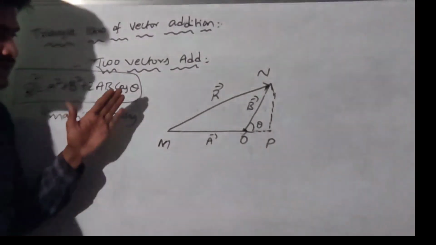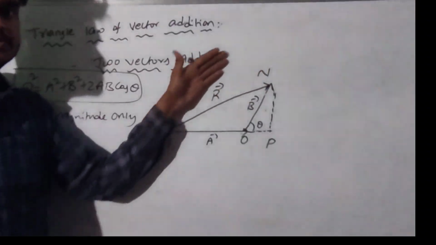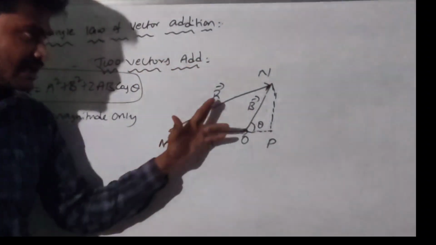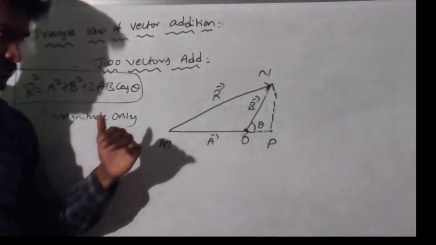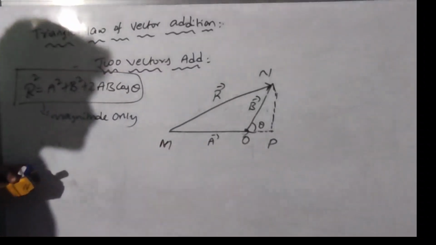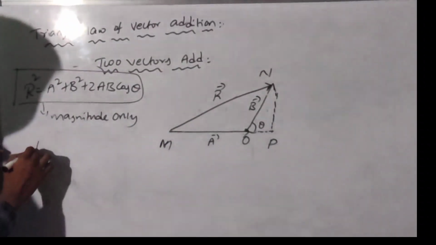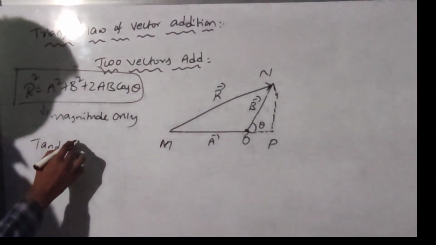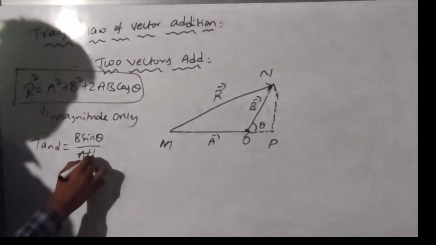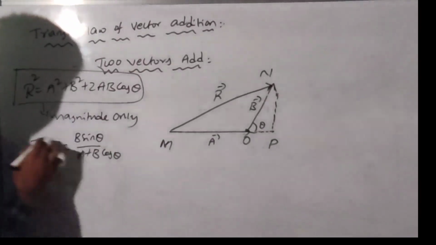Now this resultant we are representing in a particular direction, opposite to the order of a plus b. The direction also we should find, with respect to how much angle, that is tan alpha is equal to b sin theta by a plus b cos theta.